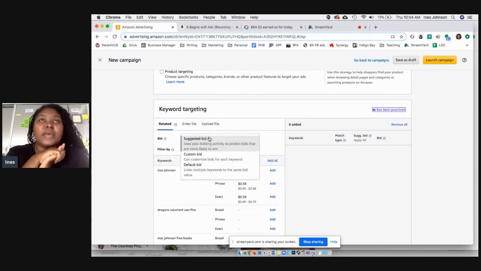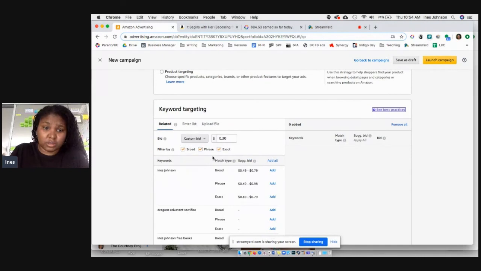I learned recently that that suggested bid amount is not just based on books. It's based on if someone put in dragon, they might be looking for, like, I don't know, Dungeons and Dragons game or card or a dragon necklace or a dragon sword, which is going to cost more than my $2.99 book. So that's why that's going to fluctuate so much. So I'm going to put in my own custom bids, and it's going to be 30.